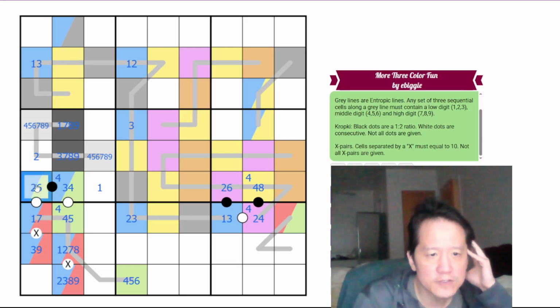If this is 6, 7, 3, this is 2, this is 3, this has to be 1 because this is 2. Therefore, this is 2, this is 1. So 3, 7, 4 with 1 or 2 here. This is 2. This would be 7, 8, 9.